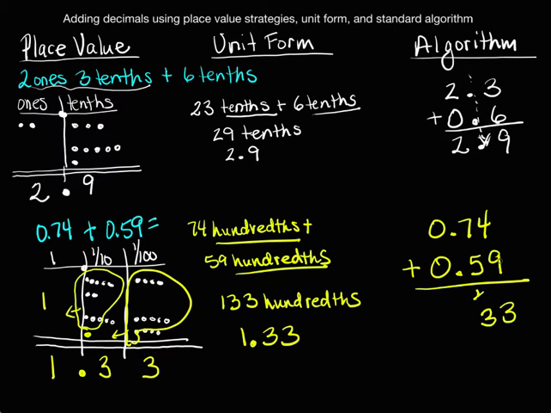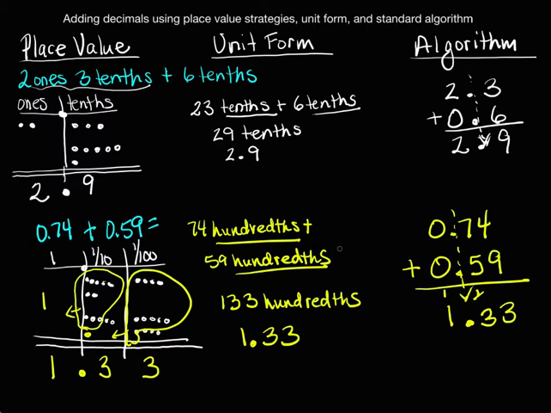I used that 1, and I will regroup. 13 tenths is the same as 3 tenths and 1 one. And 1 plus 0 plus 0. And I'm going to bring down my decimal. When I add decimals using the algorithm, I'm lining up my add-ins by place value, and then adding them and dropping down the decimal.